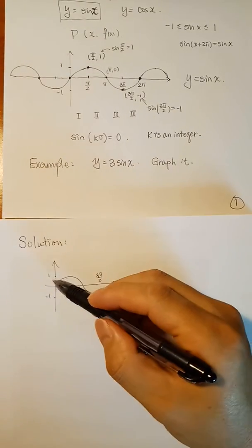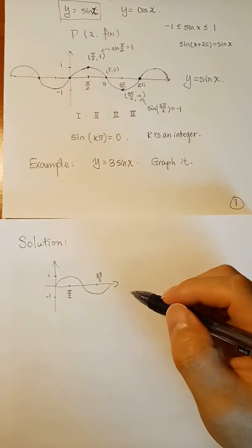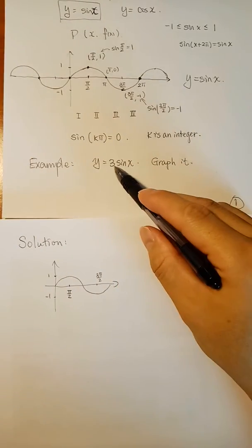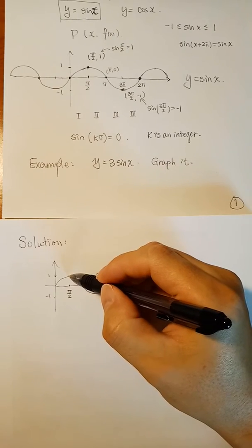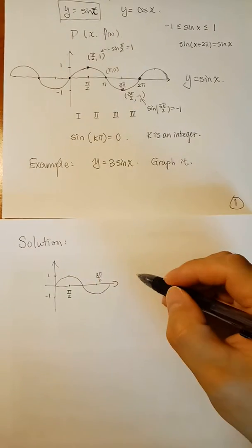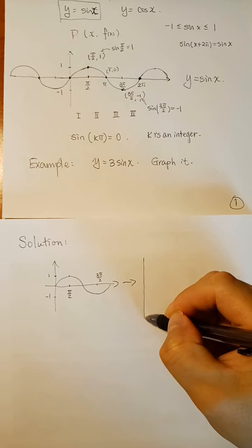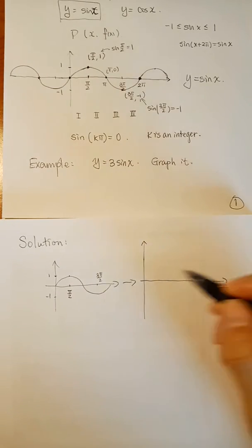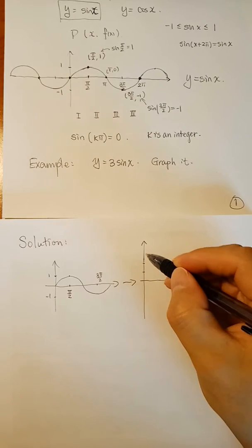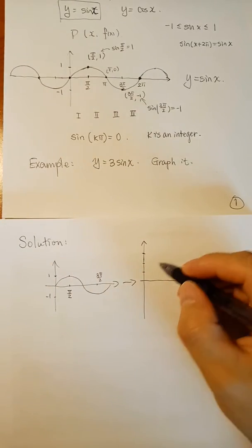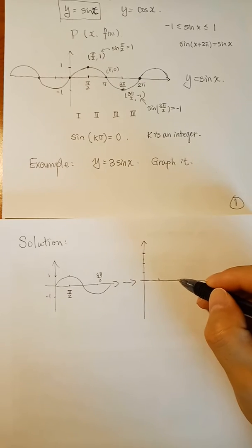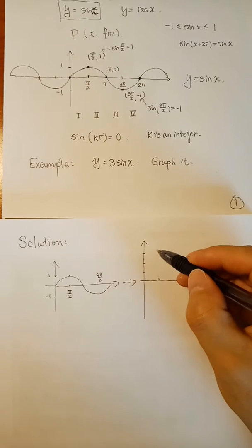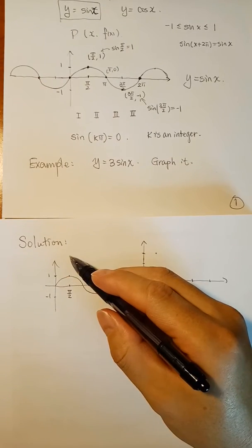Okay, and then when you multiply it by 3, technically you just change this 1 to 3. So you stretch it along the y coordinate. Originally it's 1, now you need 3, so at pi over 2 you lift this point to 3.